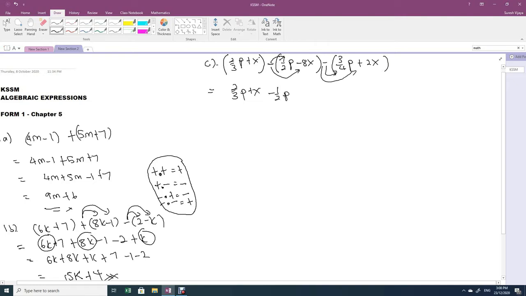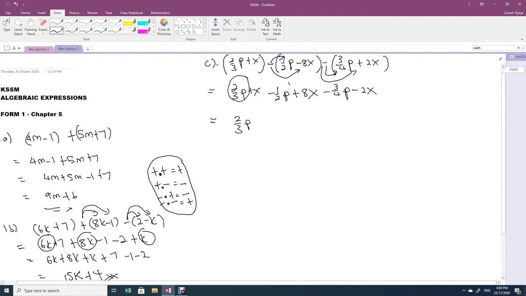So it will be minus 1 over 2p, minus times minus 8x will be plus 8x. Minus times 3 over 4p will be minus 3 over 4p, and minus times plus 2x will be minus 2x. If you're not sure, you refer back to the rule that I have written below. Now we rearrange the like terms at one side.